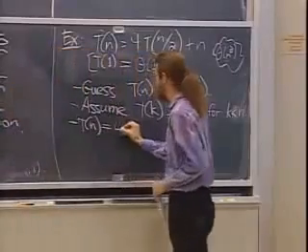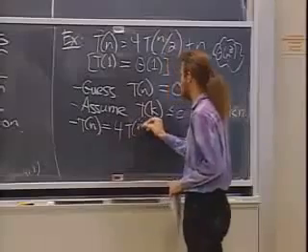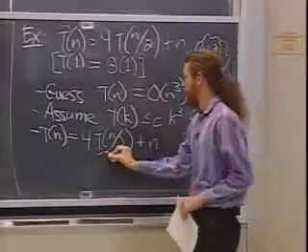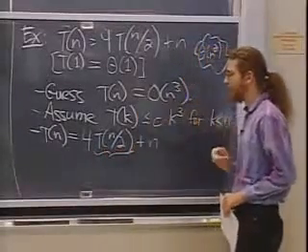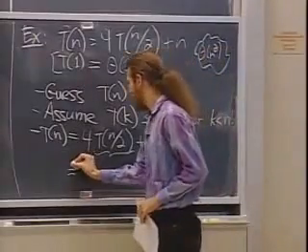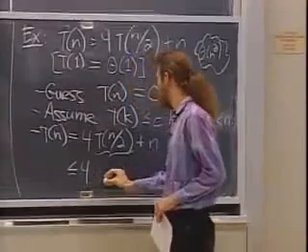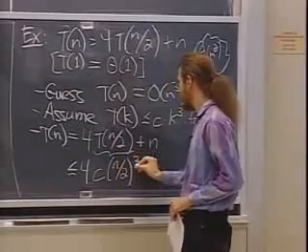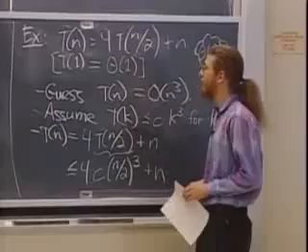So let's expand. T of n is 4 times t of n over 2 plus n. And now I have an upper bound on this thing from the induction hypothesis. So this is at most 4 times c times the argument cubed plus n.